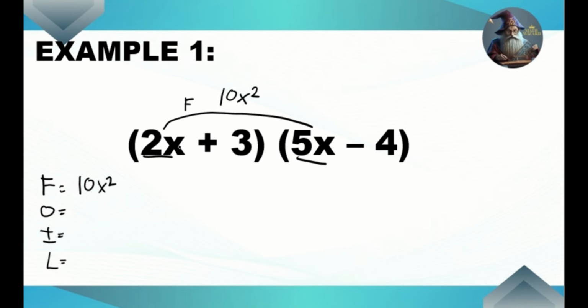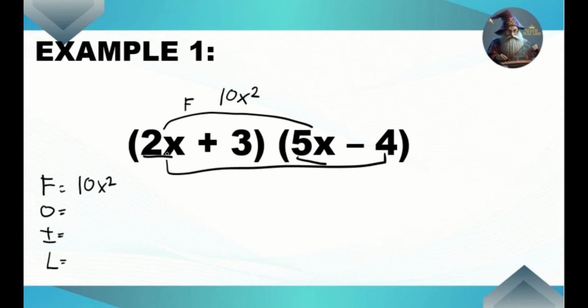While the outer, the outer we are talking about is 2x and 4. Meaning to say, they are on the outside. So, 2x times 4. Remember, 4 is negative here. Meaning to say, 2x multiplied by negative 4.